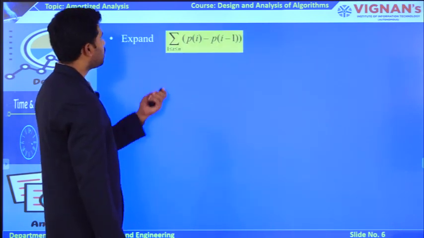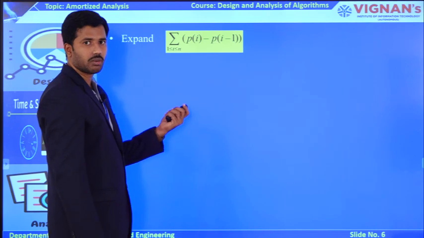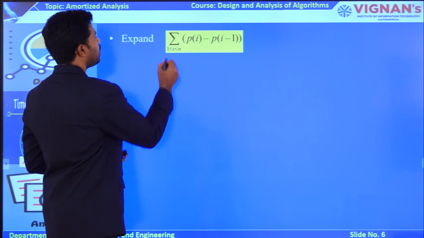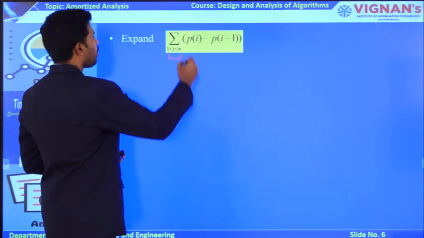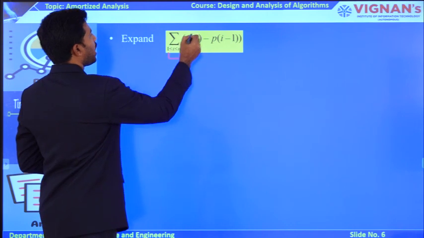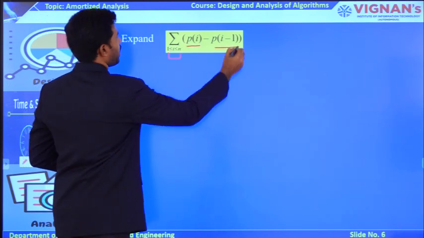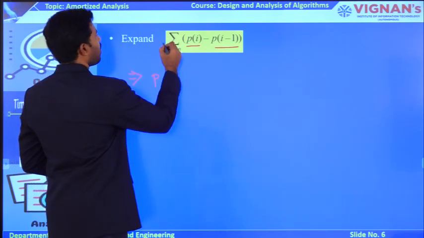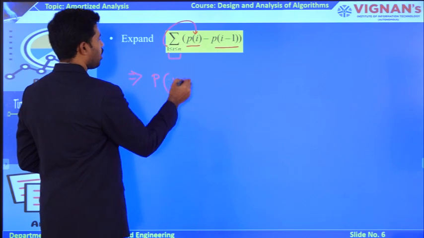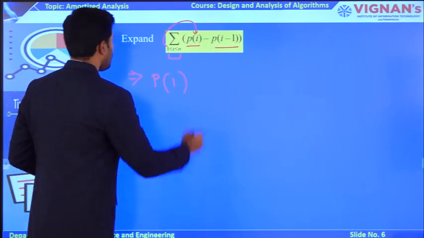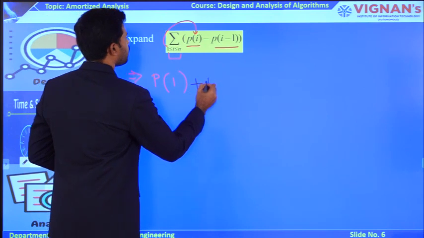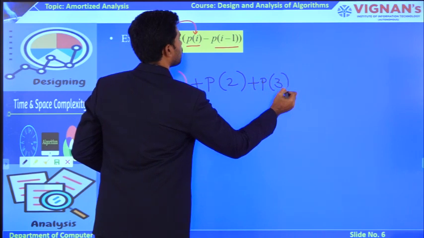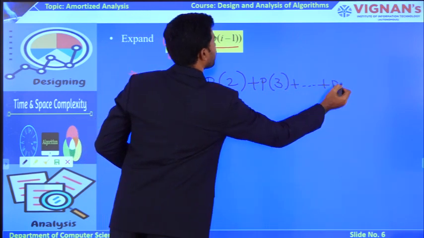Now try to expand this LHS part of your master equation number 3. So how many n number of elements are there? What is the sigma parameter? 1 to n. So you try to apply the 1 to n values in P of I as well as P of I minus 1. If I take I value as 1, it is going to look like P of 1. If I take I value as 2, then ultimately it looks like P of 2. For next one, P of 3. Plus so on up to plus P of n, right? Why?